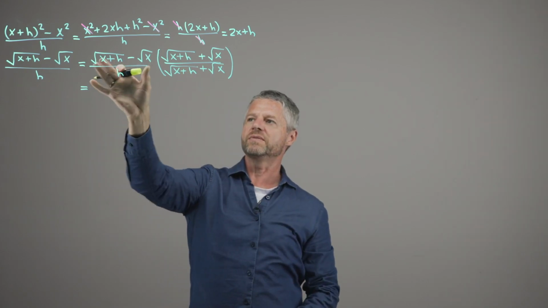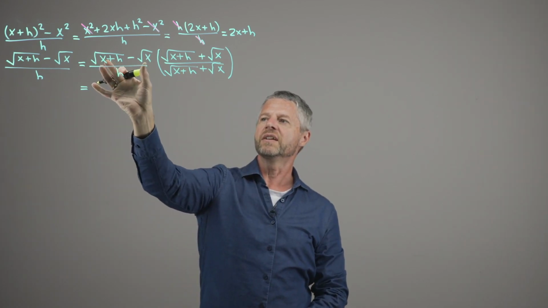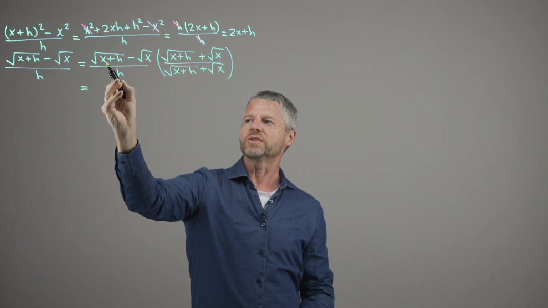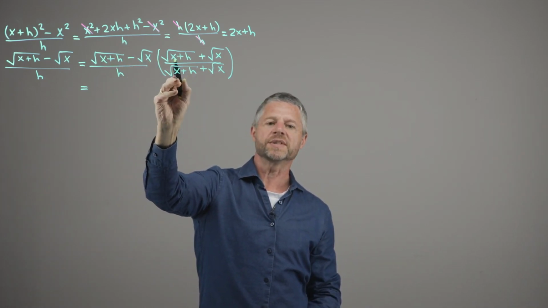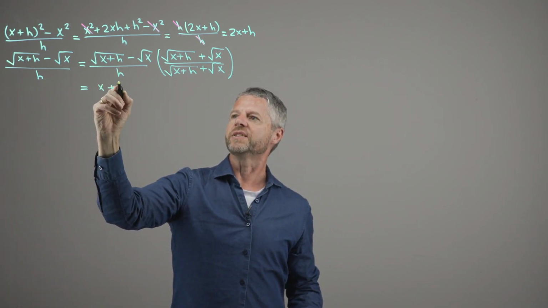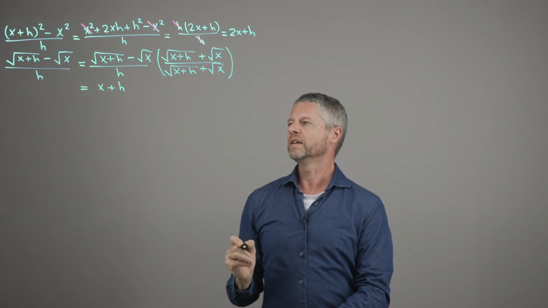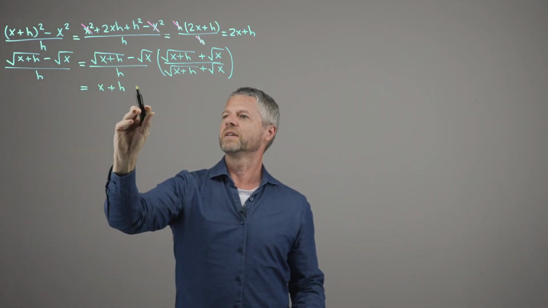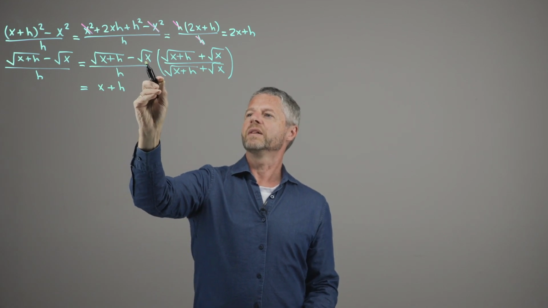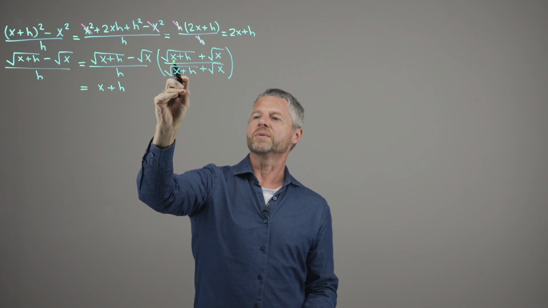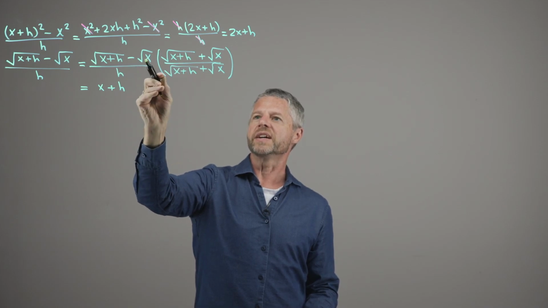Now I've got an expression that I need to expand. So I've got square root of (x plus h) times another square root of (x plus h). So that will just be x plus h. And then I've got the square root of x times the square root of (x plus h) with a negative sign.